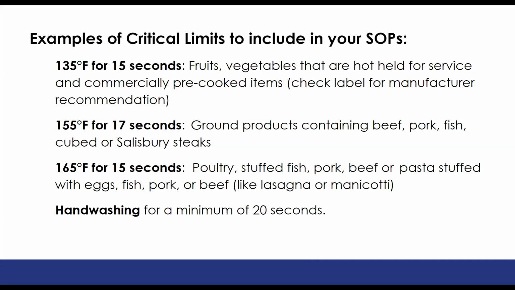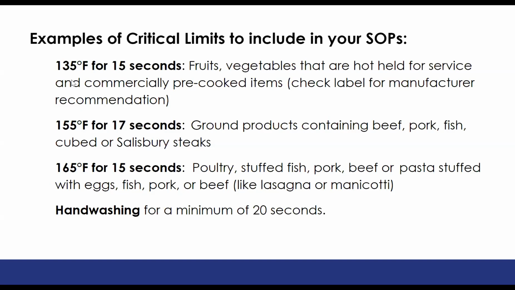And that is for any ground product that's containing beef, pork, fish, cube, or Salisbury steaks. It does not include poultry. Poultry is always cooked to 165 for 15 seconds.